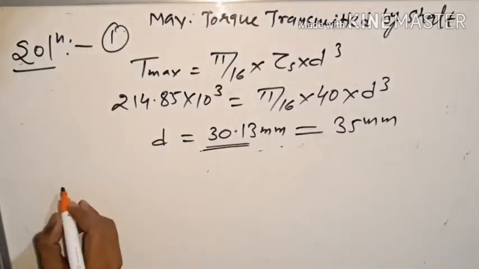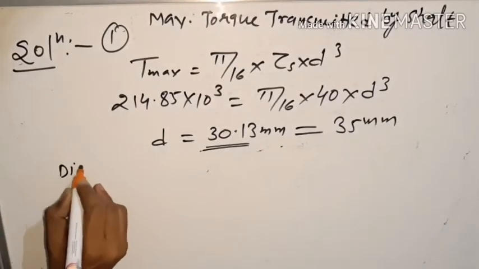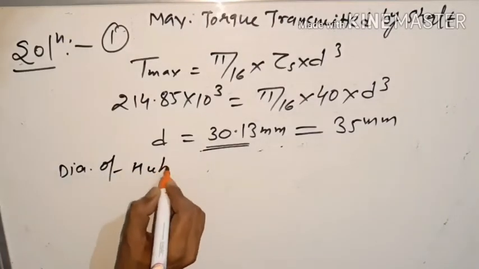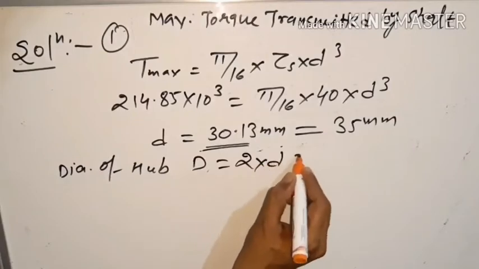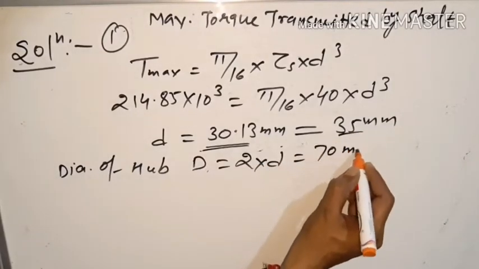Now we can find all the other values. The diameter of the hub is easily calculated, because it's a fixed formula, equal to 2d, so it is about 70 mm.